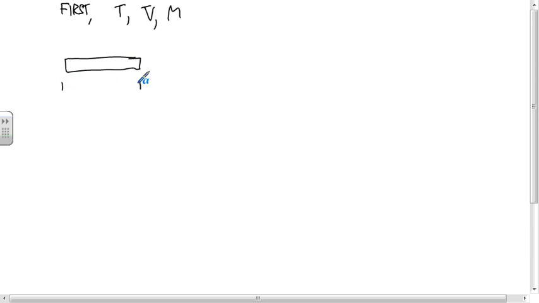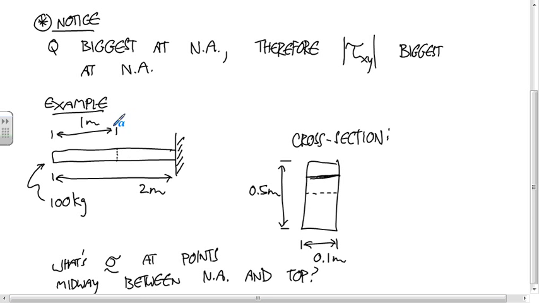Well, this length is, what was it, 1 meter. And the weight force is a distributed load. There's a total of 981 newtons. That's over 2 meters. So it's going to be a distributed load of 490.5.